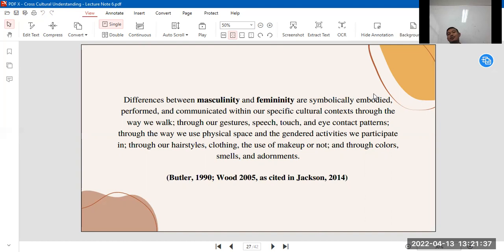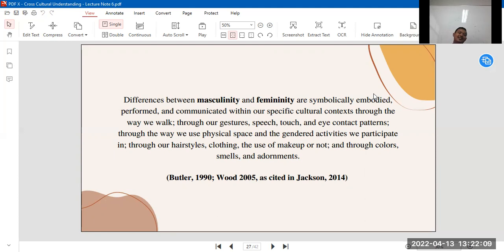The differences between masculinity and femininity are symbolically embodied, performed, and communicated within our specific cultural context through the way we walk, through our gestures, our speech, touch, eye contact patterns, through the way we use physical space and the gender activities we participate in, through our hairstyles, clothing, the use of makeup or not, and through color, smell, and adornments.